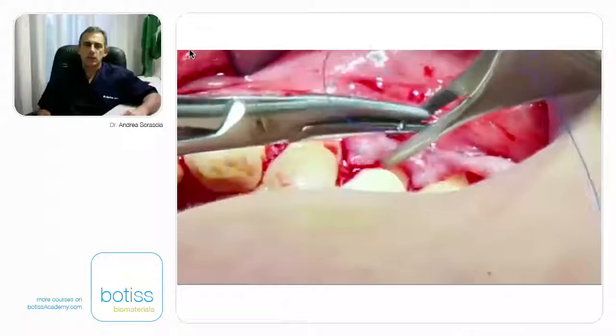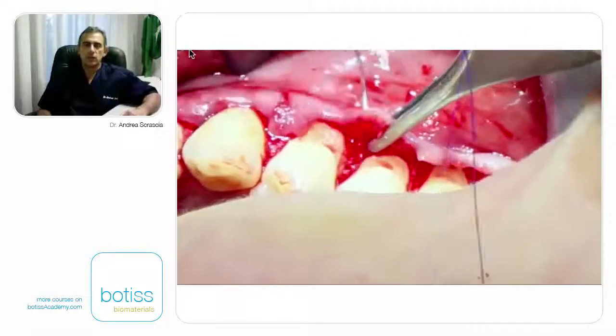So we start stitching to engage the surgical papilla.